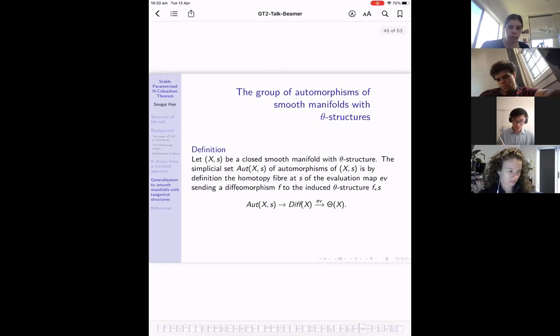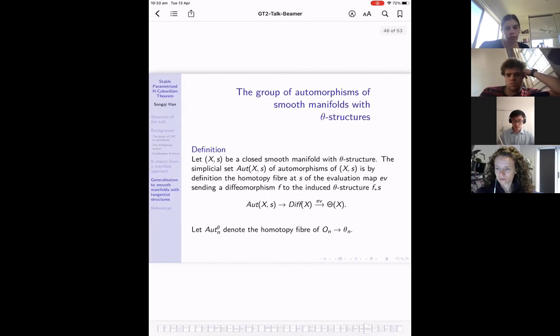The simplicial set of automorphisms of X with theta structure up to preferred homotopy is by definition the homotopy fiber of this map. This map sends a diffeomorphism to the induced theta structure. Every diffeomorphism induces a theta structure from the given one. And we define the automorphism group as the homotopy fiber of this map.